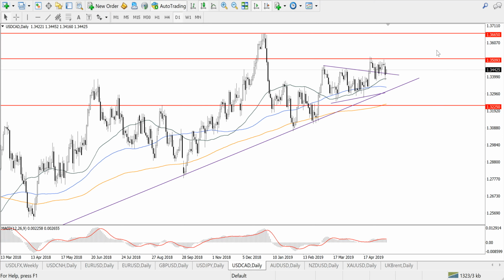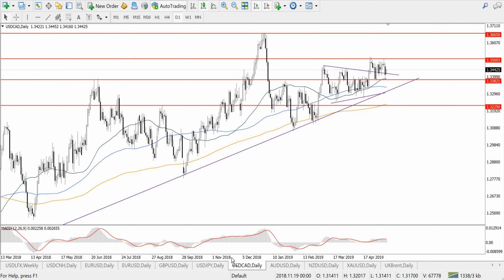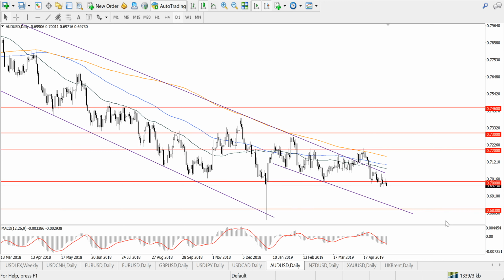The uptrend here continues, but the bullish momentum is not strong, and the lack of really positive data from the United States, some positive surprises, means that the pair will consolidate below 1.3510 for the longer period of time. Support is located around 1.3380 level.